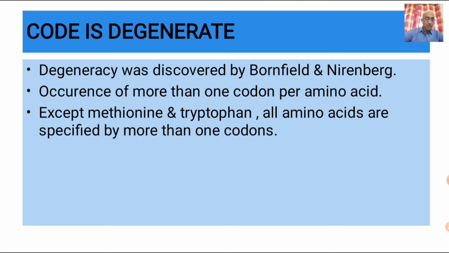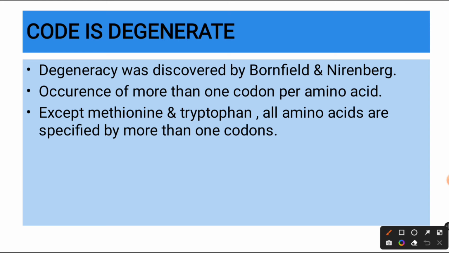For example, valine is represented by GUU, GUC, GUA and GUG. So these are the 4 codons which represent valine. Valine is an amino acid represented by 4 codons. What are those?